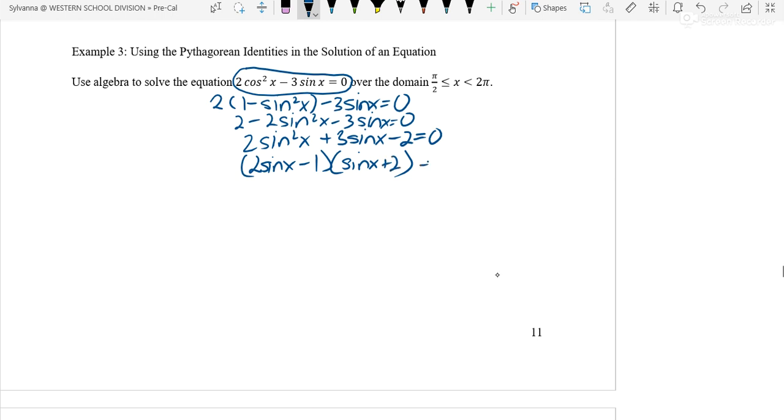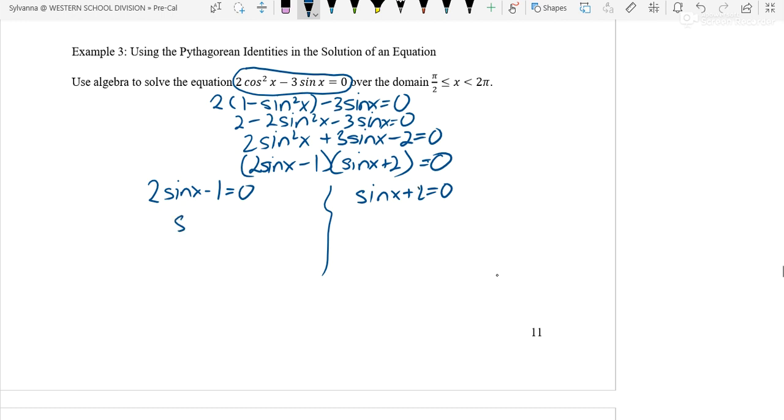So all I did was factor that. And from here, we saw a question like this before. We're going to split it down the middle so that I'm solving 2 sine x minus 1 is equal to 0. And then sine x plus 2 equals 0 is the other one.